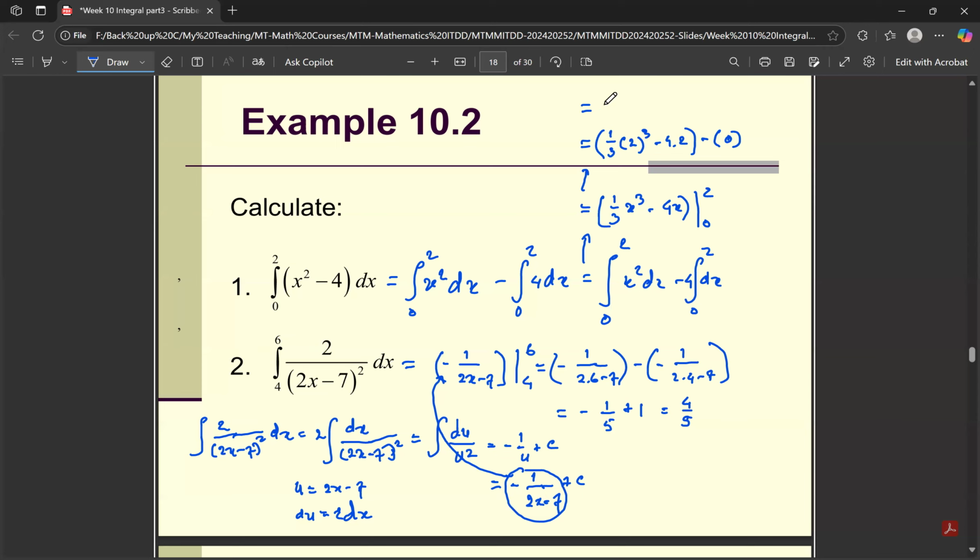This is 8 over 3 minus 8, and we have minus 16 over 3. So this is the result of number 1, and this is the result of number 2.